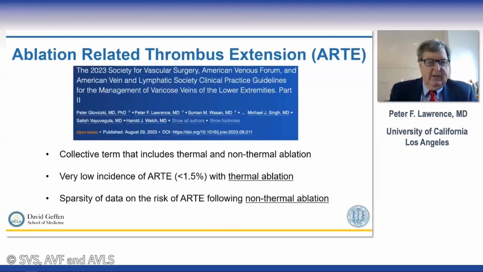In these guidelines, we decided to combine thermal and non-thermal with a new term, ablation-related thrombus extension. The reason we did that is because although the thrombus extension in EHIT with thermal ablation has always been reported to be less than 1.5%, there's very little data on the risk in non-thermal ablation.